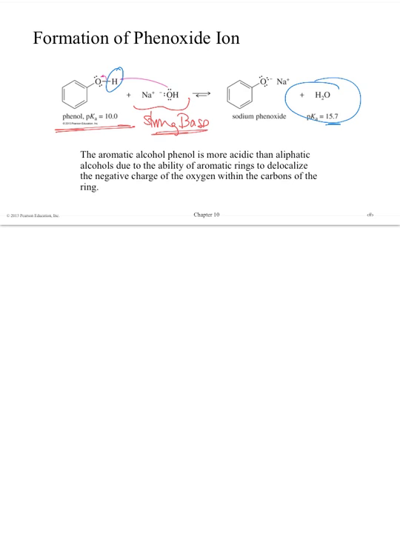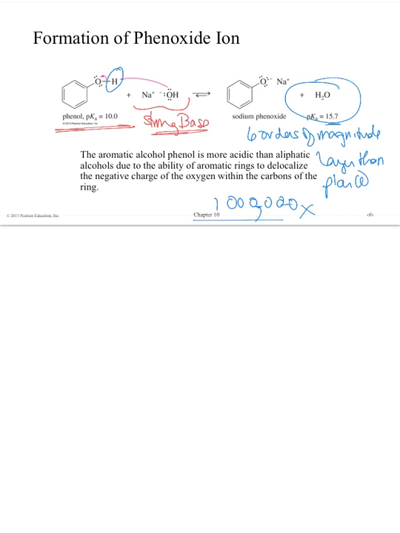So 15.7 is about 6 orders of magnitude larger than 10. So it's going to go 1, 2, 3, 4, 5, 6 times to the right. And we talked about how it delocalizes the negative charge through drawing resonance structures.